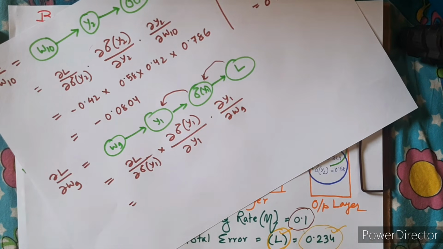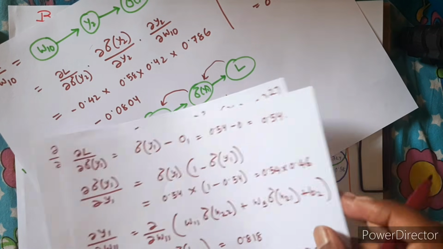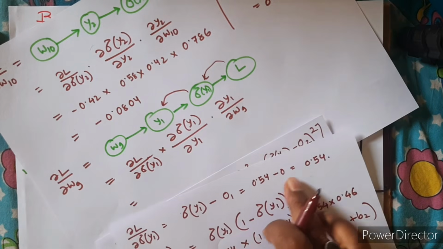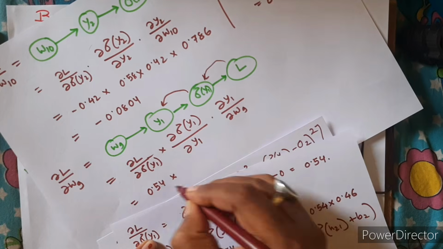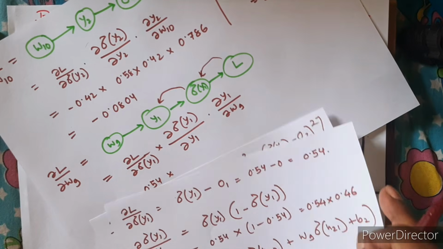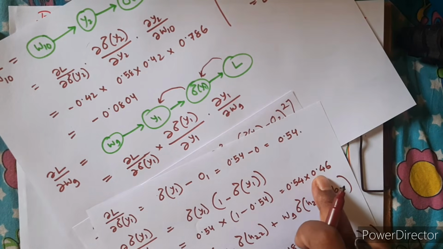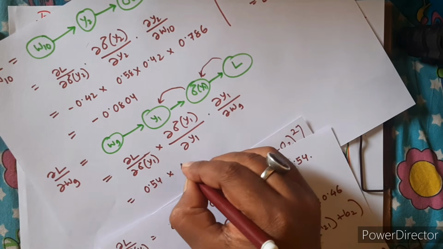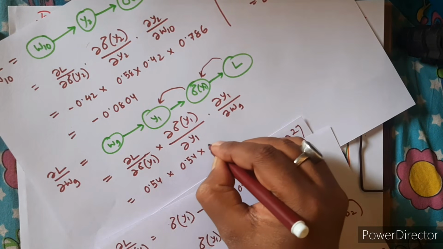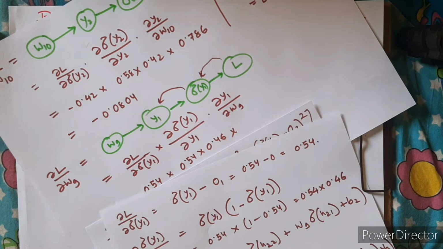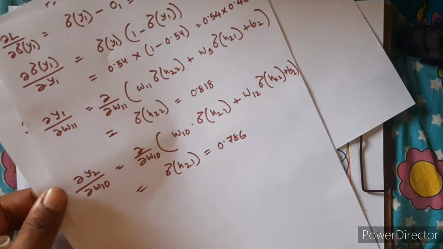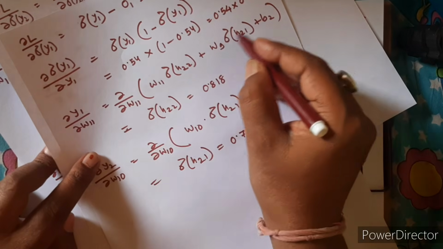You already know the derivative of sigma Y1, so it will be 0.54 into 0.46 into this part, which you don't know.